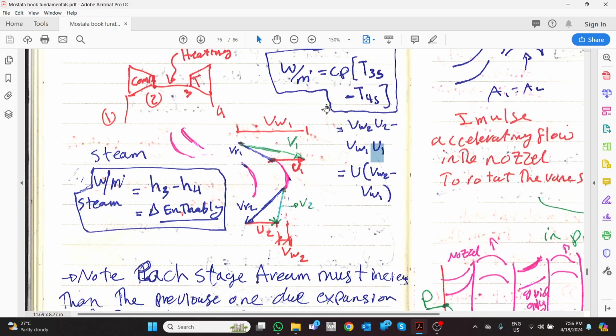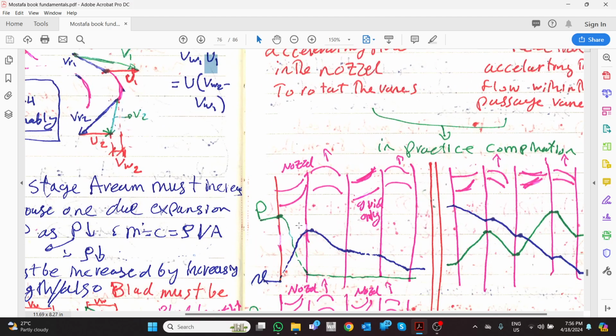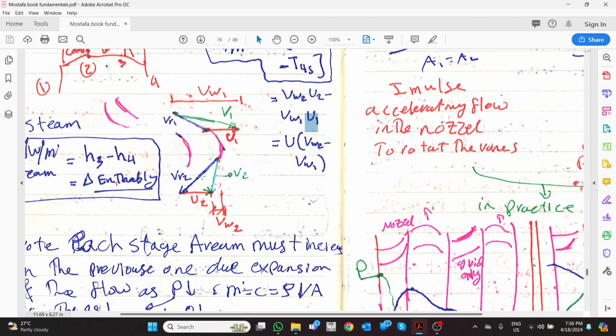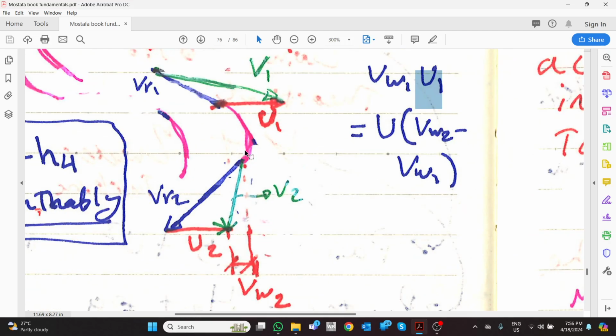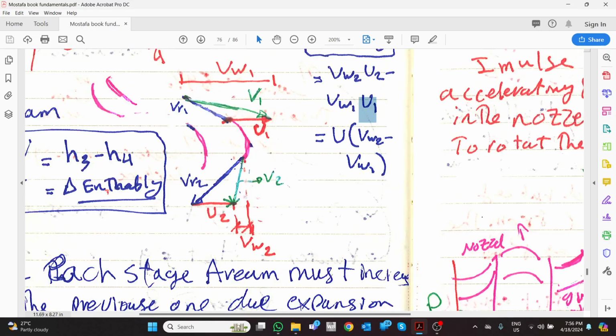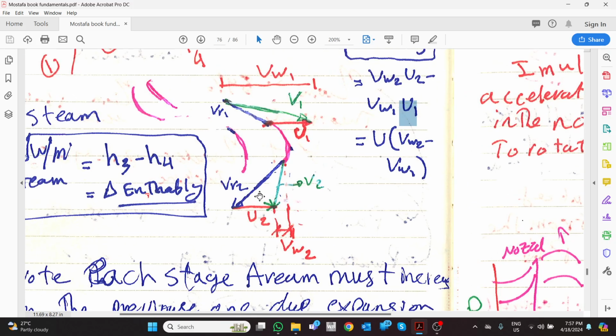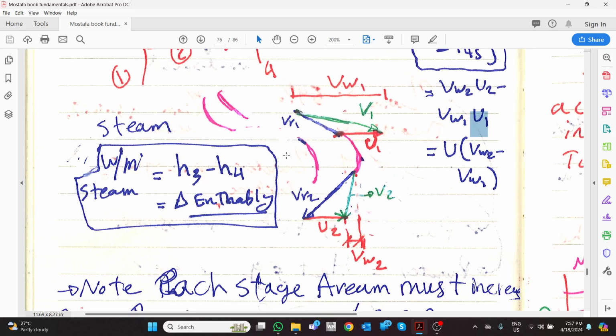Now because we know that air is pushed like this, the rotational velocity is equal, so we know that U1 equals U2 anyhow, so we can put these two outside. It is the same concept: air will go like this as a relative velocity, and we know this is U in this direction, so this is a vertical here, and here is the sum of vectors, which is this line, the whirling velocity, and V2 we can get. It is the same. This is the velocity diagram.